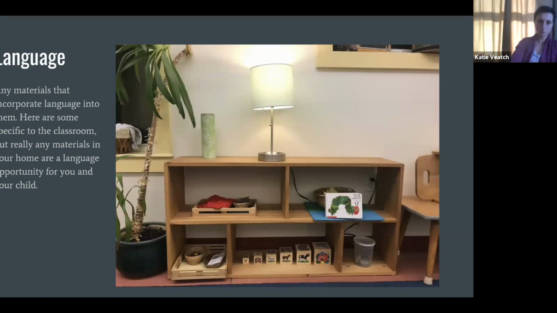Okay. So language is going to be any materials that incorporate language into them. So here are some that we have in the classroom, but language is going to be everywhere in your home. So the Very Hungry Caterpillar work is a felt board, and we just have all of the foods from the Very Hungry Caterpillar made in felt.